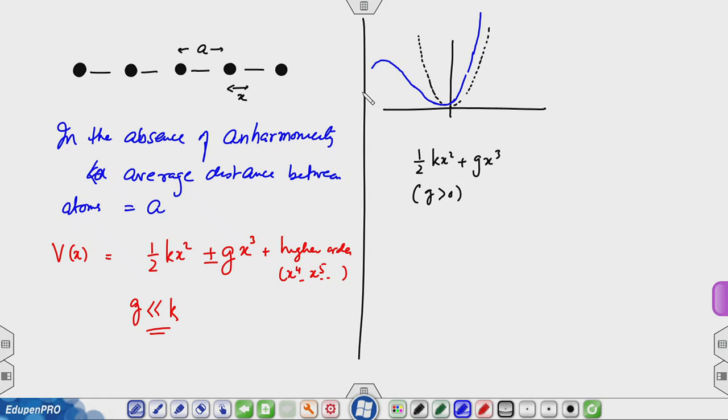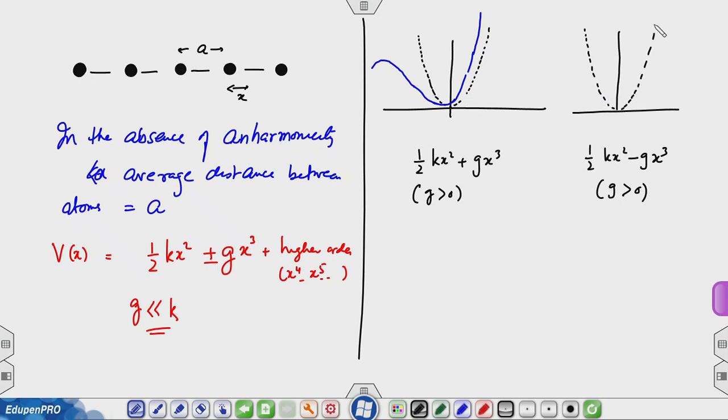On the other hand, if I have the potential to be 1/2 k x square minus g x cubed, g is still greater than 0, then the potential is going to change the other way. It is going to become larger on the negative side and less on the positive side, or a little softer.